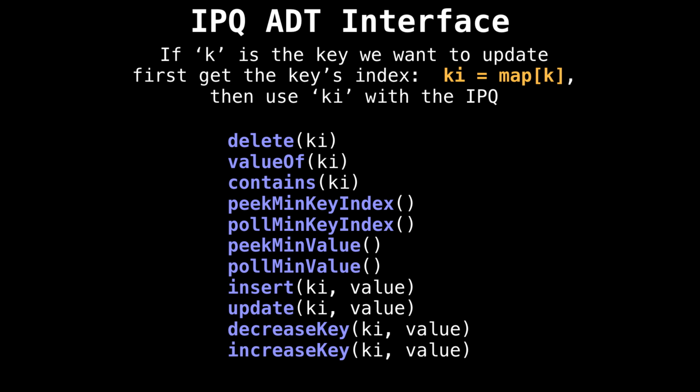For all these operations, you need the key index associated with a particular key that you're dealing with. Throughout these slides, I will be denoting the key index simply as the variable ki to distinguish it from other index values, so keep your eye out for that.